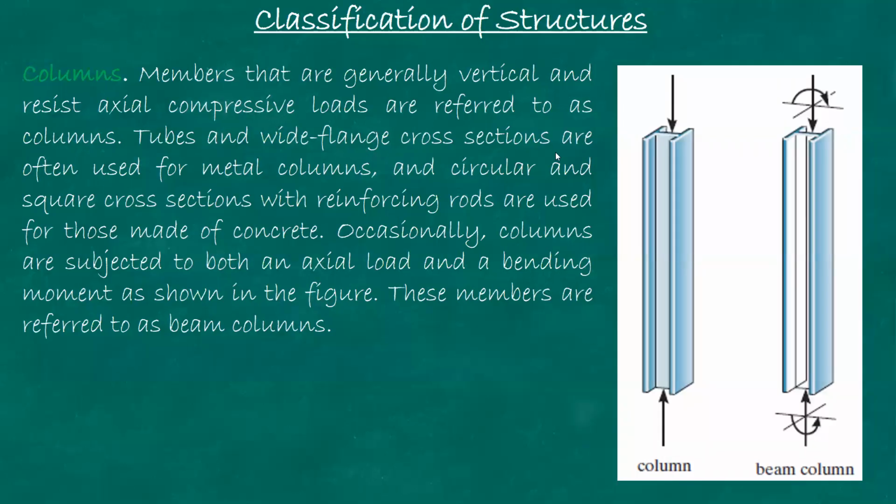Tubes and wide flange cross sections are often used for metal columns, and circular and square cross sections with reinforcing rods are used for those made of concrete.